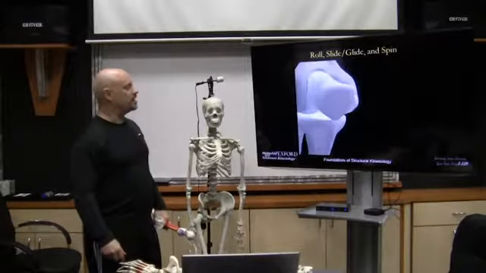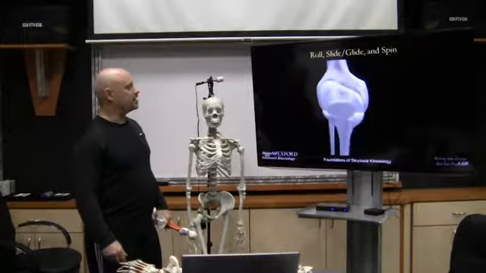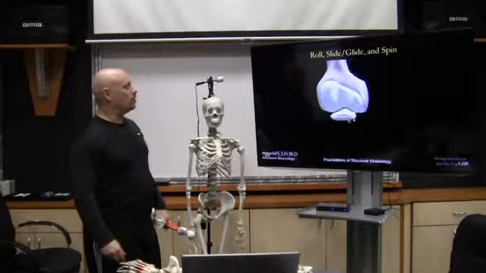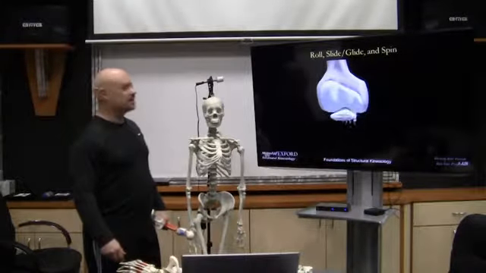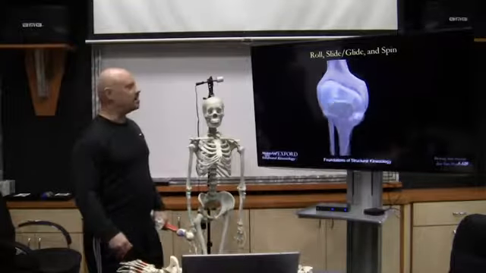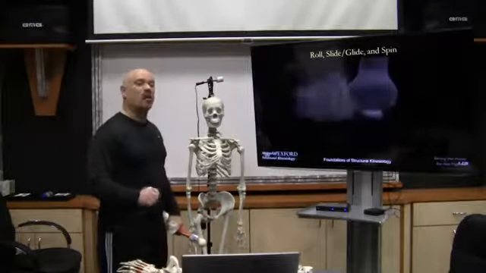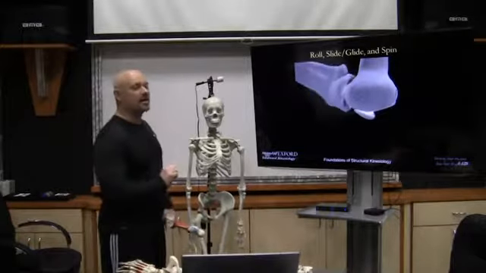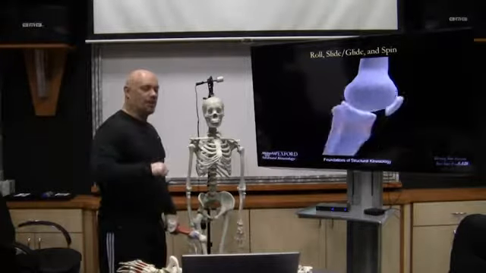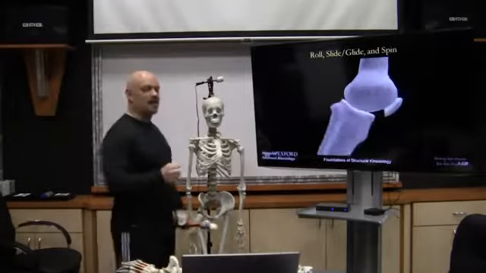But you can see, as it does that, it will roll, it will glide, and then it spins and locks into place. That's what the knee does at the top. When you're squatting down, it actually will unlock so it can roll and glide and slide. As it comes back up, it'll roll, glide, and slide into the top. It'll lock back into place.